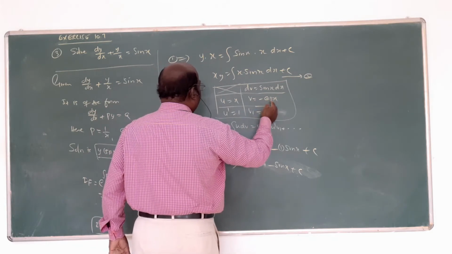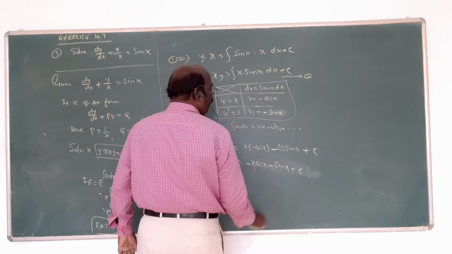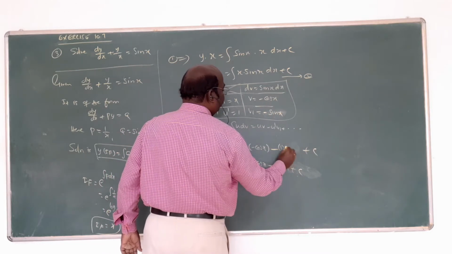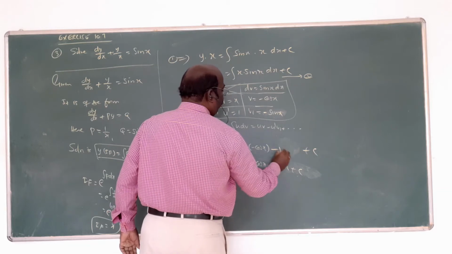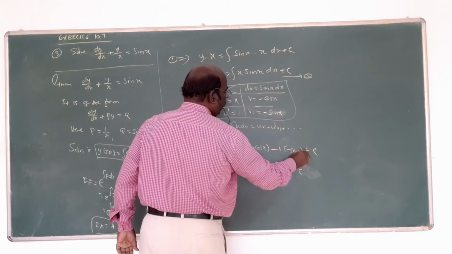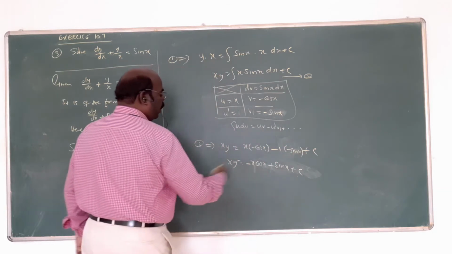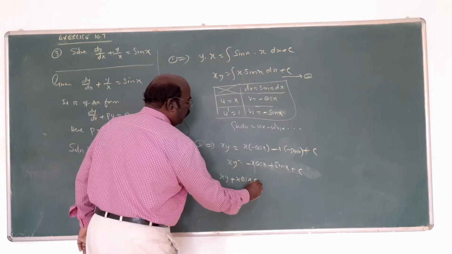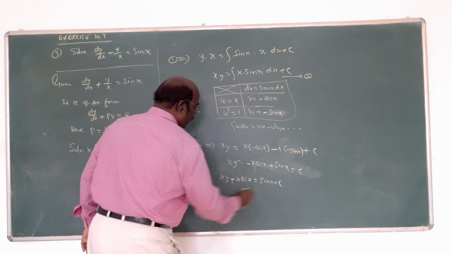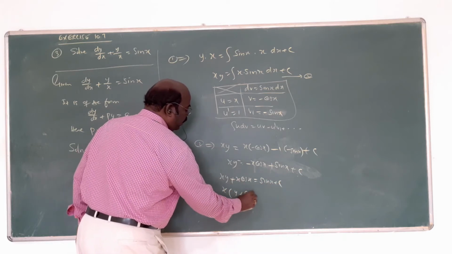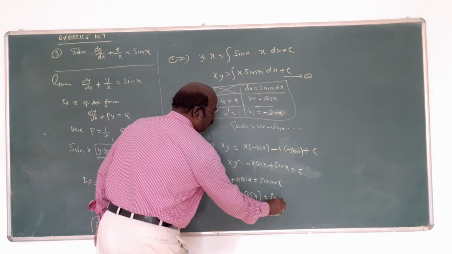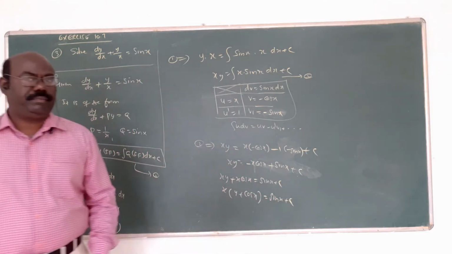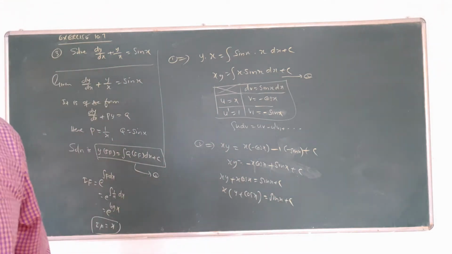Integration of cos x is sin x only, so minus sin x. Okay, 1 into minus sin x. From the separate side, xy plus x cos x equals sin x plus c. X is common: x(y plus cos x) equals sin x plus c. Am I right? That is the answer.